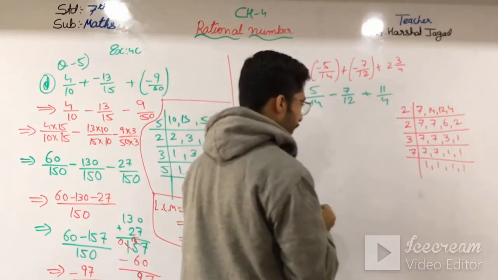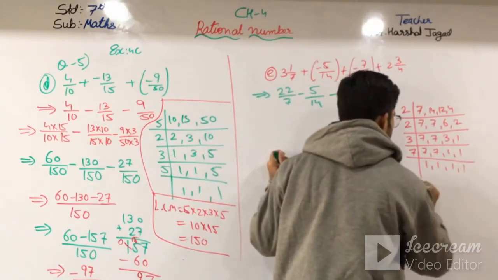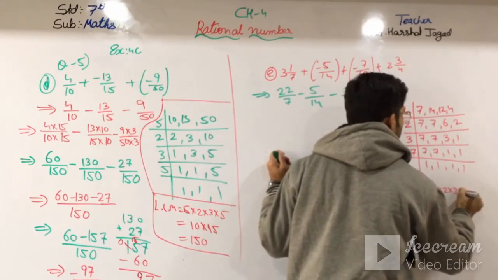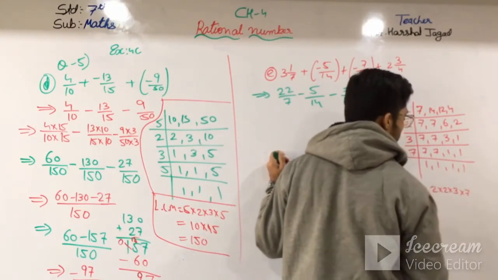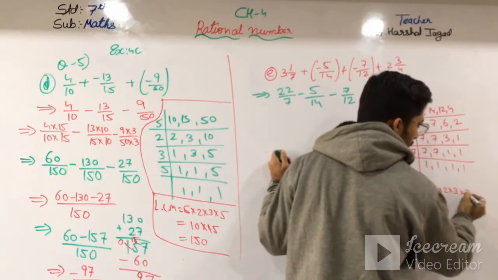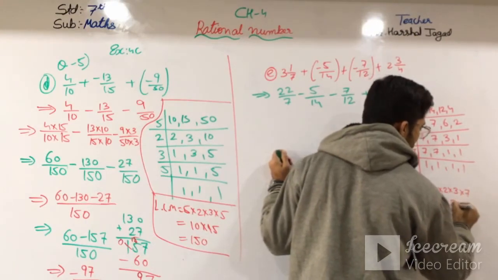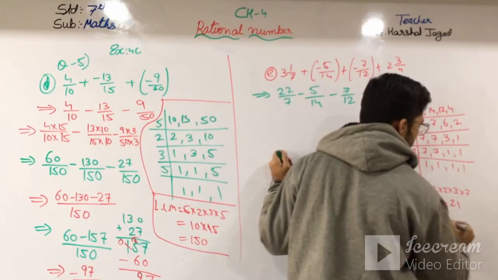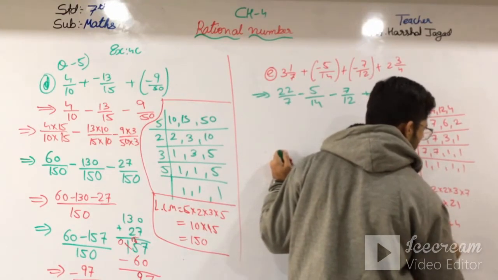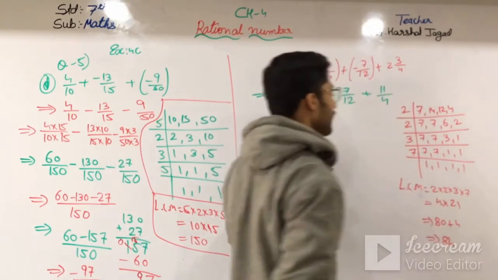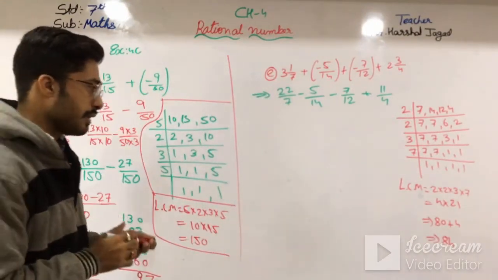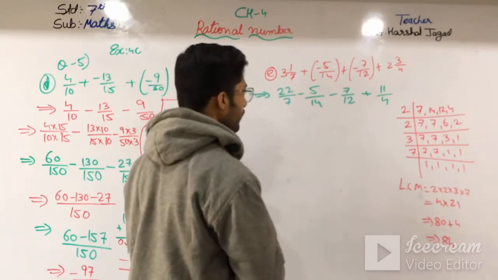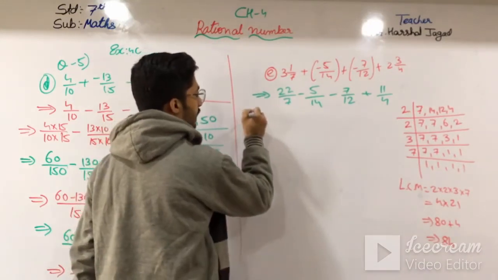So we get our LCM, that is 2 into 2 into 3 into 7. 2 2s are 4 into 7 3s are 21. If we multiply, 4 2s are 8, means 80 plus 4 1s are 4, that is 84. Okay students, 21 4s are 84. Now our LCM is 84.